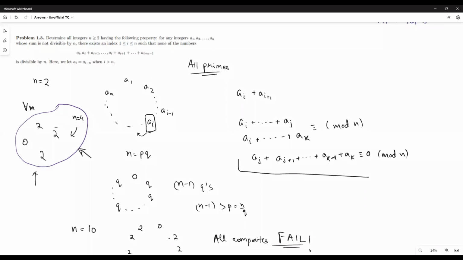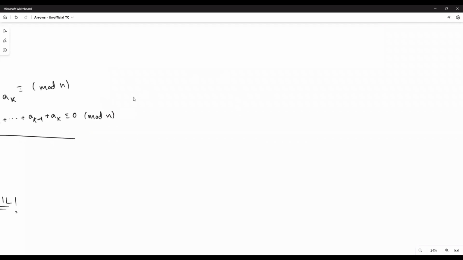So how would you go about showing that all primes work? Suppose we're given a circle of numbers and replace n by p from here on.